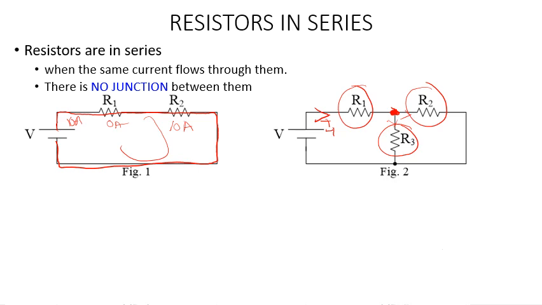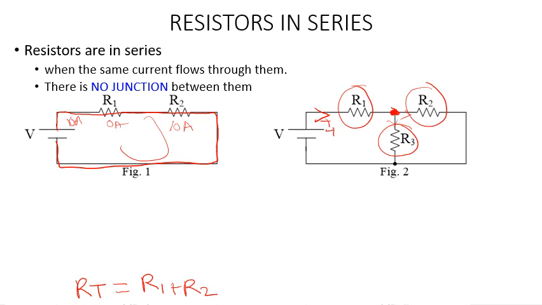What is next? I want to take you through the practicals. How do we calculate resistors in series? The total resistance, which we normally call RT, is the sum of all the resistors in series, since it's just one closed path. For figure 1, the total resistance equals R1 plus R2.